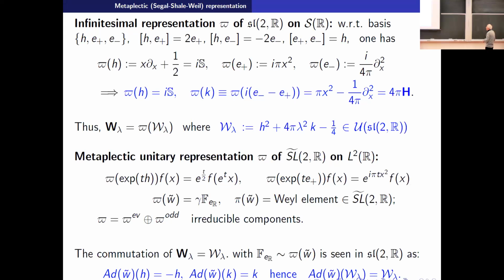These are calculations with 2 by 2 matrices. You take the W element, like 0 on the diagonal, 1 and minus 1 on the off diagonal. And you take the adjoint, meaning that W is not an element in the Lie algebra, it's in the group SL2 tilde. You multiply it left and then the inverse right with H, you get minus H. You do this with K, you get K. So it preserves the formal prolate operator.